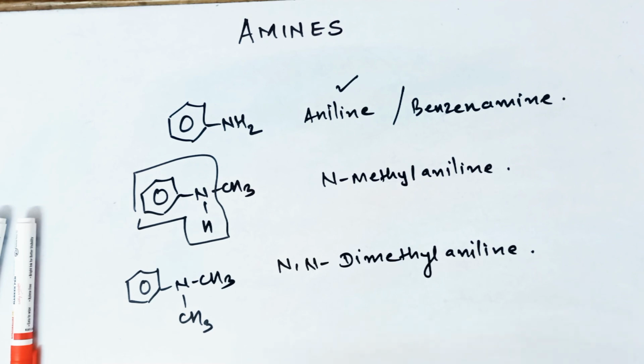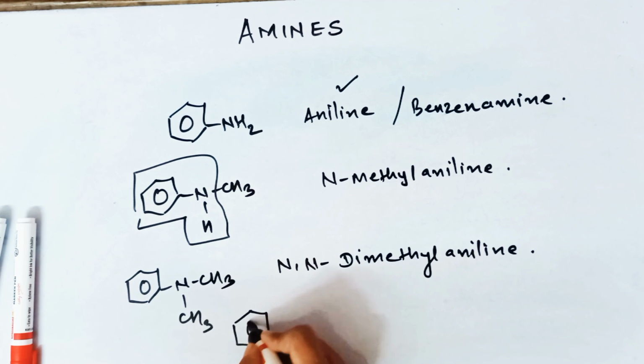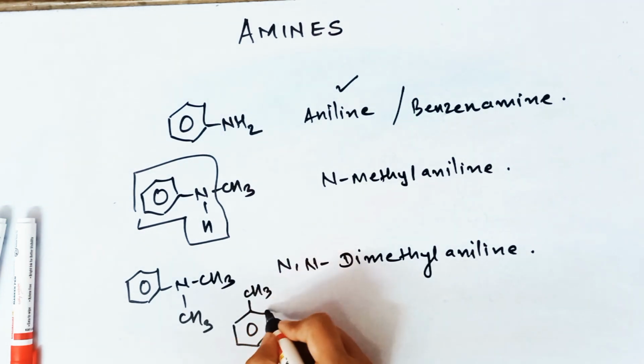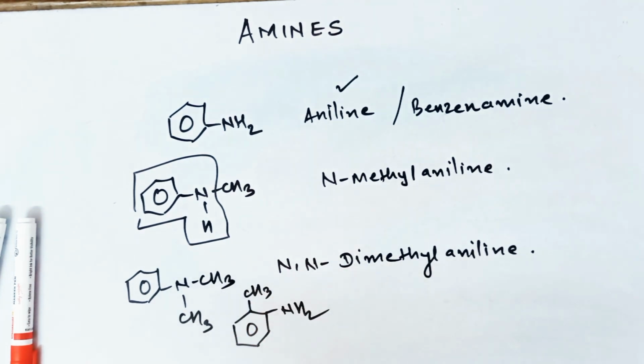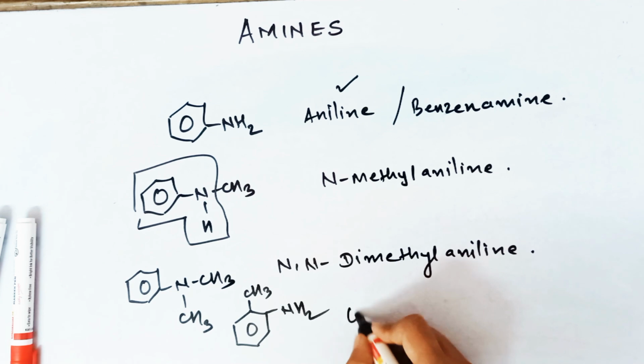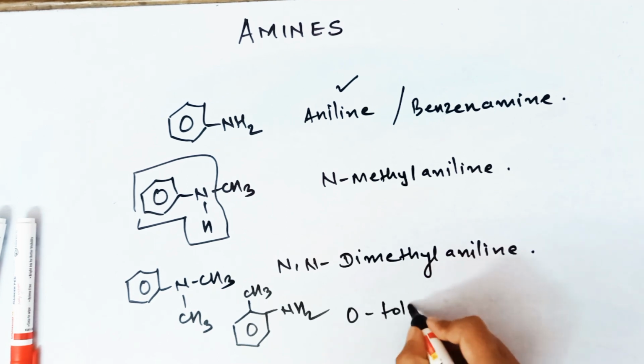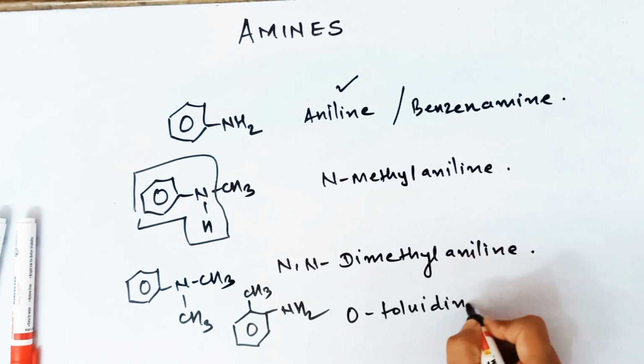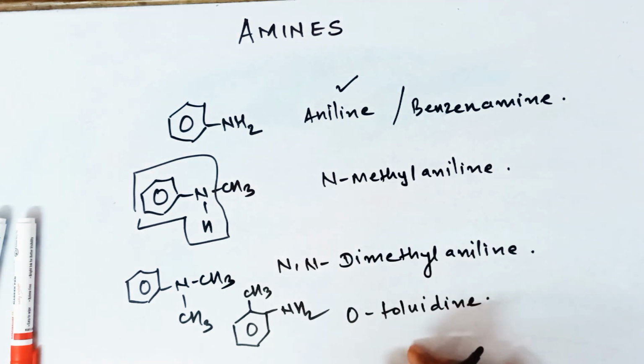Alright, so these are some of the compounds which are quite important from an examination point of view. Then when we look at this, it is also a very familiar, common compound. In common nomenclature, its name is ortho-toluidine. You know, this common name is also important. This toluidine is very important for the exam. So it's called ortho-toluidine.